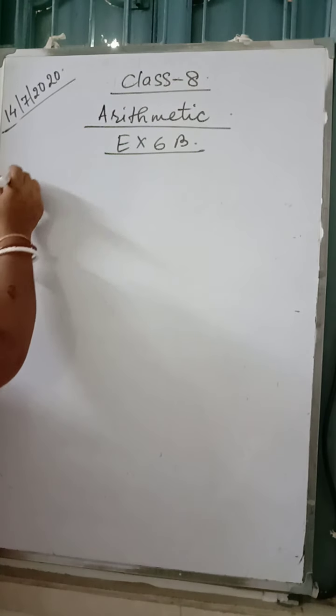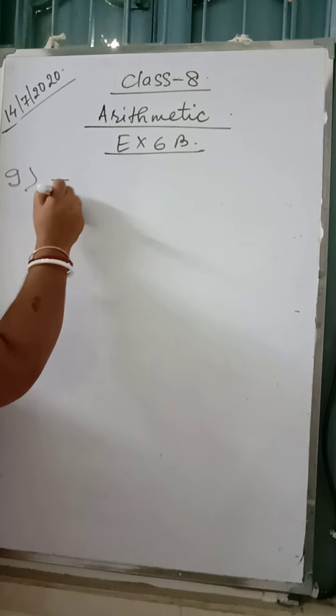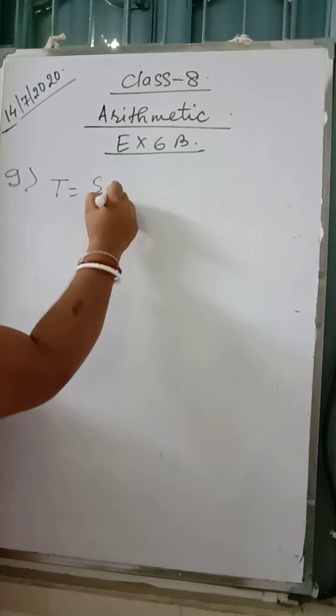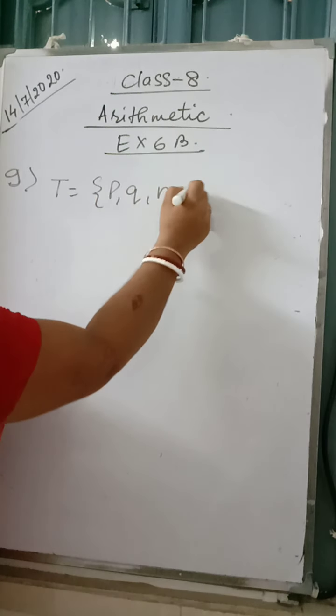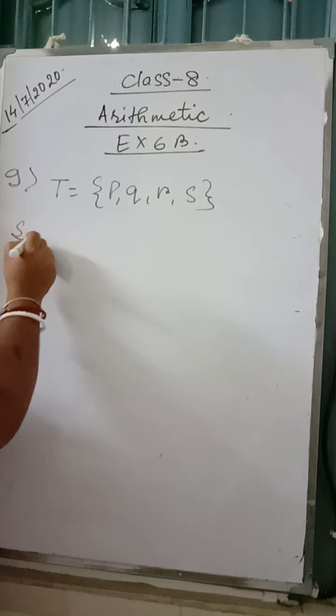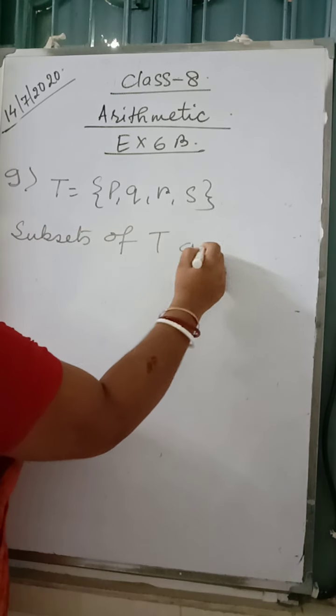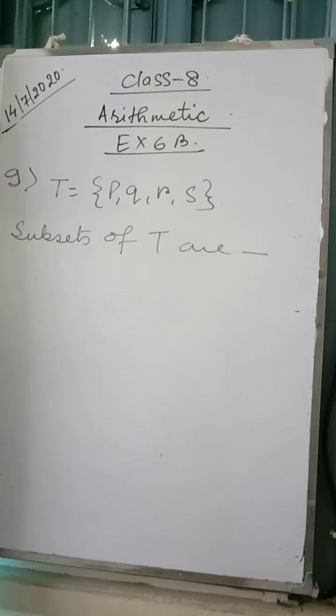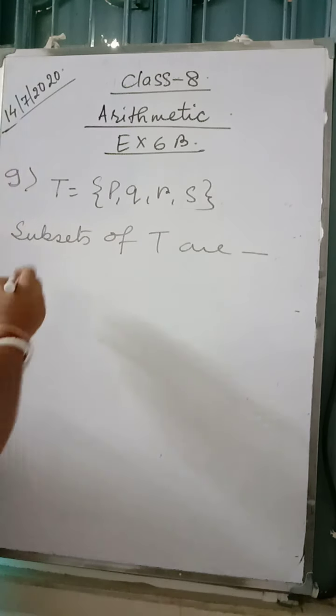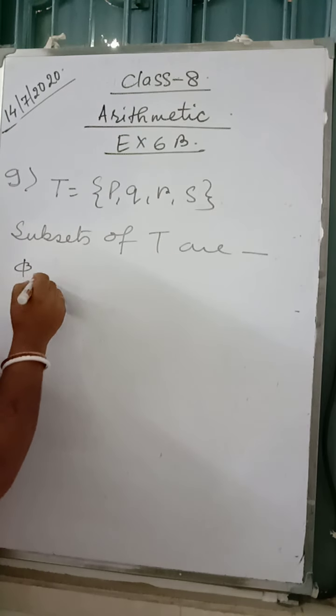Now 9 number. T is equal to P, Q, R, S. Now subsets of T are: this is first is, that is empty.